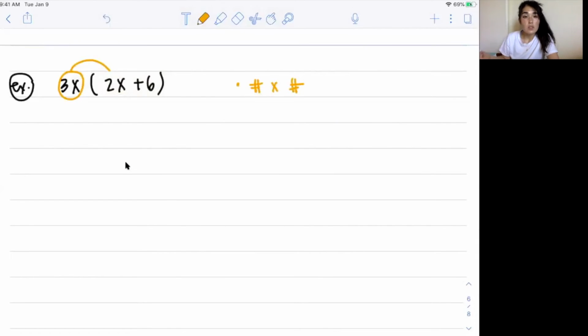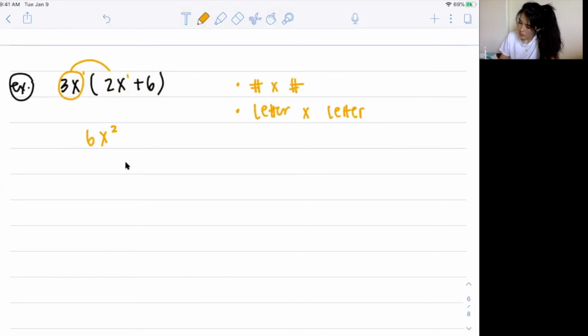So in this case, 3 times 2 is going to give me 6. And then it is letter or variable times letter. To do them separately. So x times x would be x squared, because there's 2 x's. There's this one here and one here.